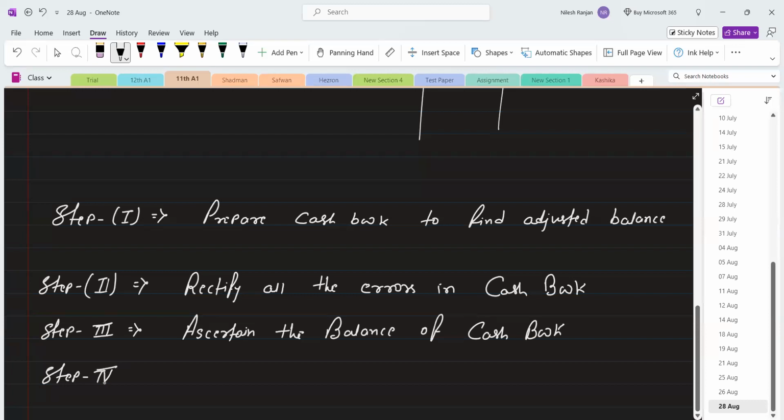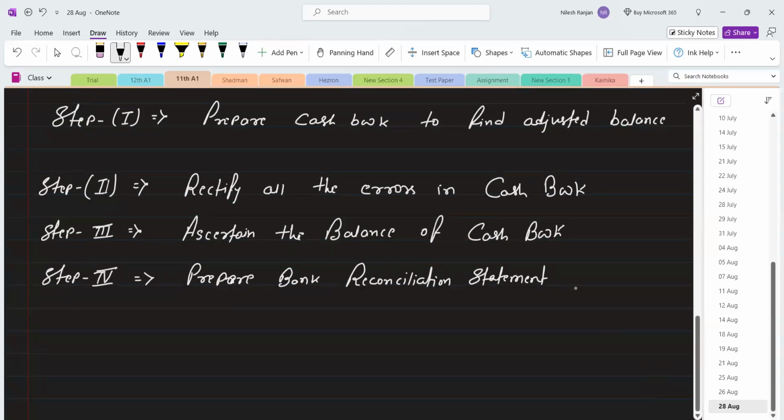And step 4, prepare bank reconciliation statement from the adjusted balance.